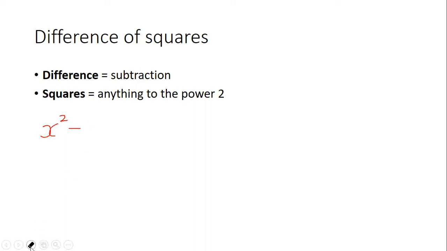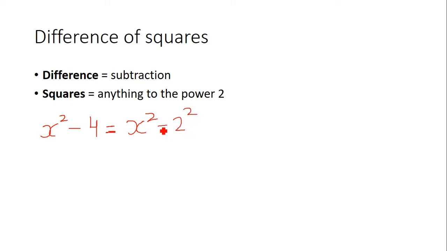So x squared minus 4. Why is that a difference of 2 squares? Because one is x squared and one is 4, and what times itself gives us 4? 2. So this could be written as x squared minus 2 squared.